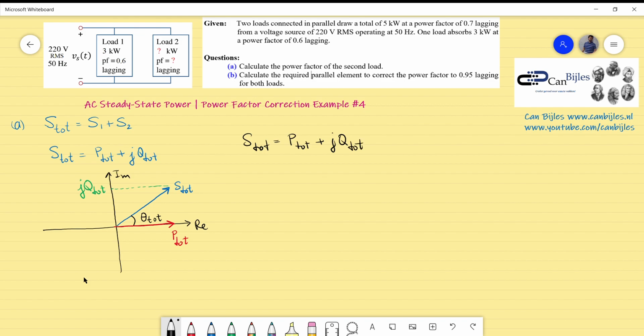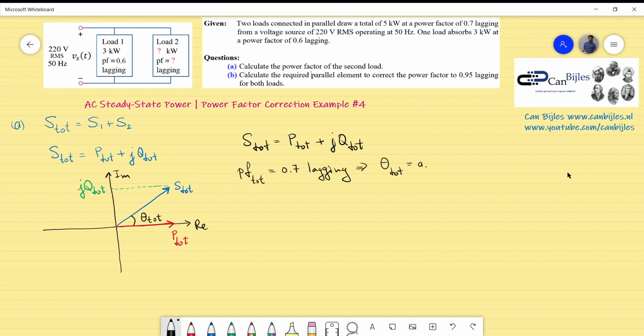So what do we know? From the information shown above, we can see that the power factor is initially 0.7 lagging. That means the power factor PF for the total situation is initially 0.7 lagging, and I can calculate from this theta total using the arccosine of PF total.